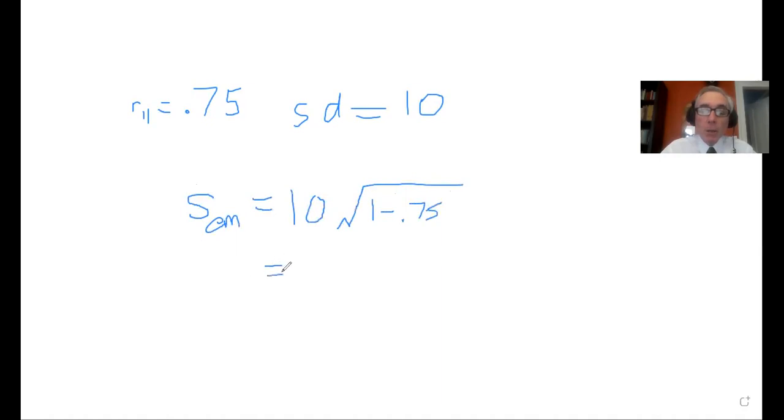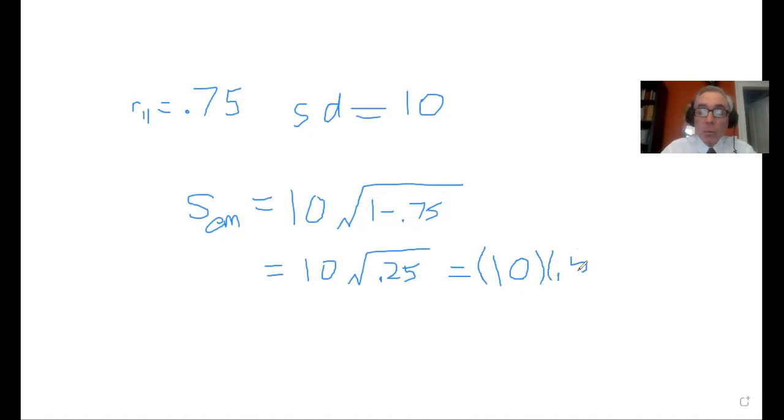Now again, following our little order of operations as usual, we first do the stuff underneath the square root sign here. That gives us 0.25. And now again, if this wasn't such an easy one, you would definitely want to call up your calculator to derive the square root. But when it's one that gives you a whole number, we're all set.